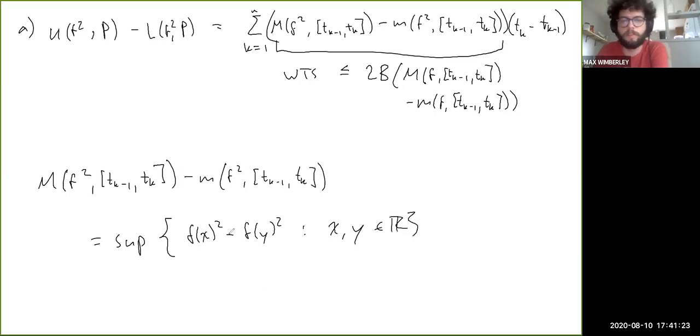So you can have this two-dimensional set that's parameterized by two variables, basically. So this is the supremum of, and this just factors as a difference of squares.